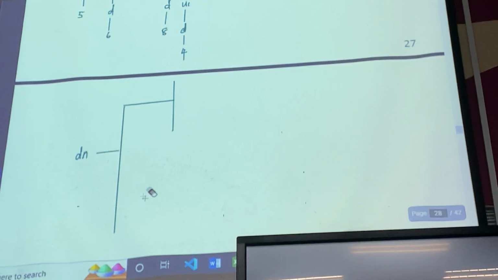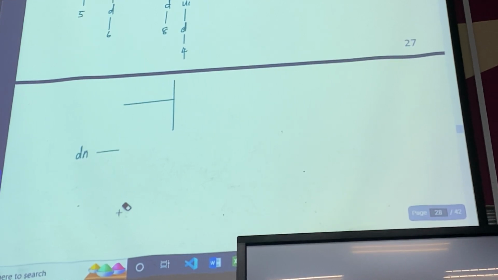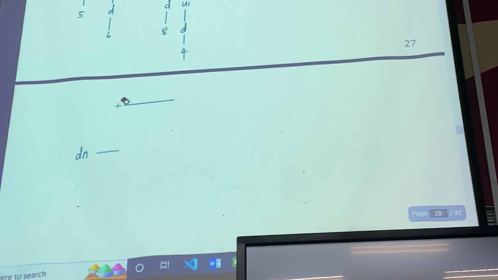You want me to write digit first? If I write digit first, then we don't draw the digit here first. I write the simple one first.